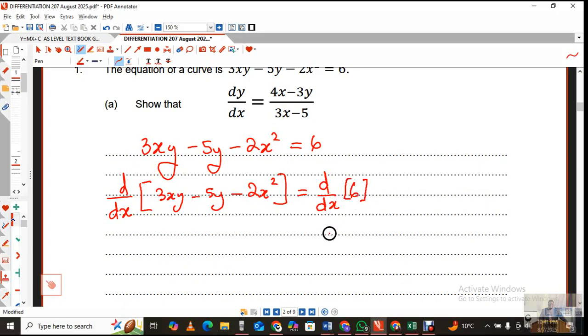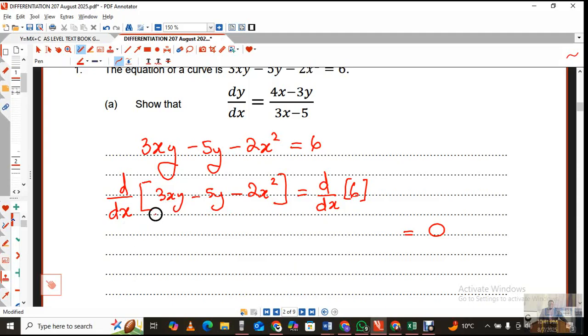Now, this is very easy. On the right hand side, the answer is simply equal to 0. So you have got various terms, so you're going to differentiate each. The derivative of the sum of terms is the sum of the derivatives of the terms, or the differences in that case. But in here, in the first place, you have got a product rule.